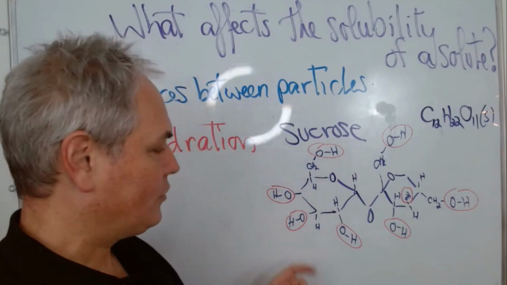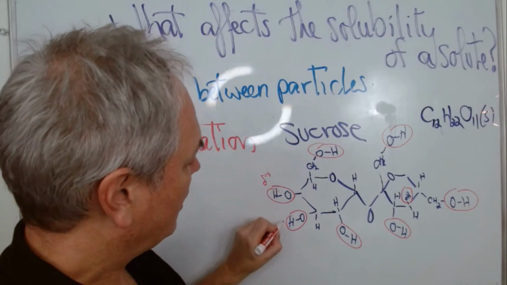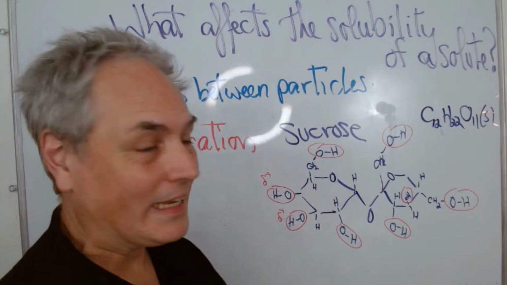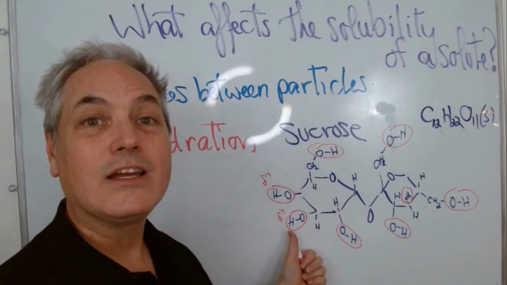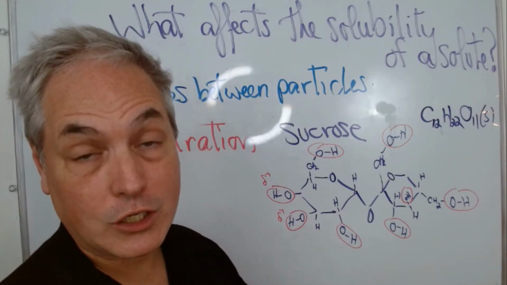And because we have OH here, all of those will have a positive electronegativity, because the hydrogen here shares an electron with the oxygen, but the oxygen is a much bigger atom.